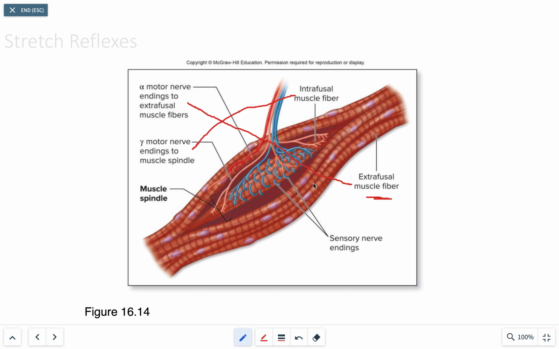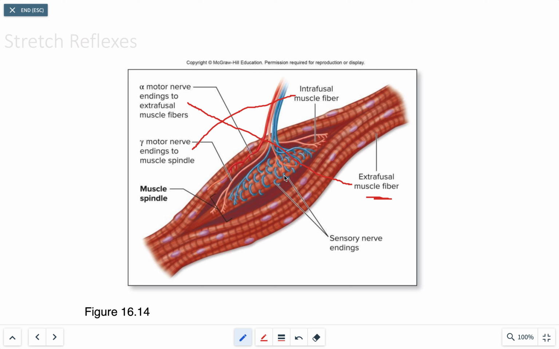When we look at the gamma motor neurons, they're important in keeping the muscle spindles taut by stimulating the intrafusal muscle fibers, leading to a muscle contraction. So these different intrafusal and extrafusal muscle fibers are going to be evaluating the stretch or the amount of stretch that occurs.